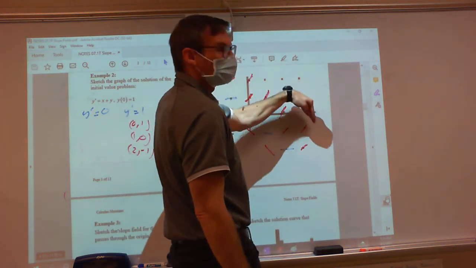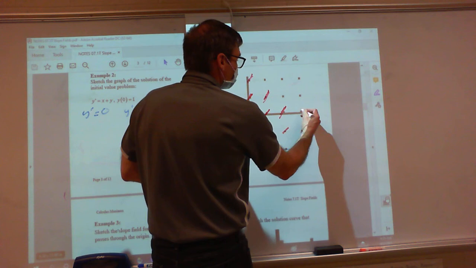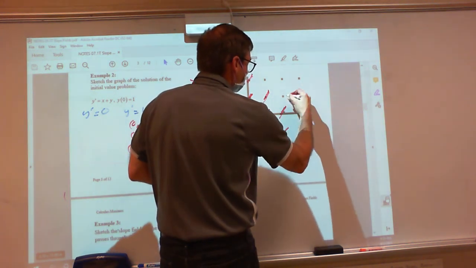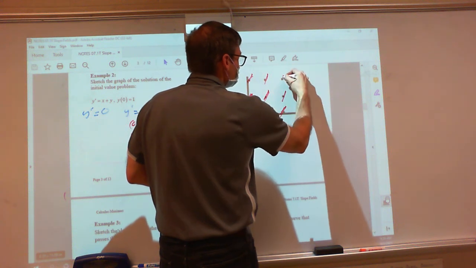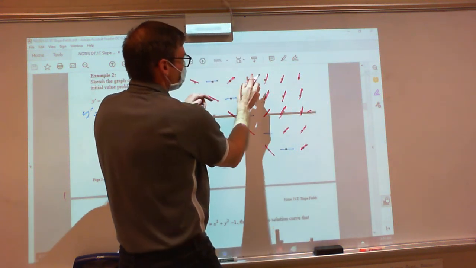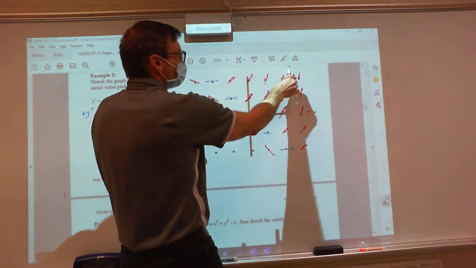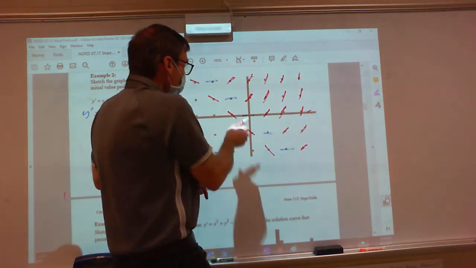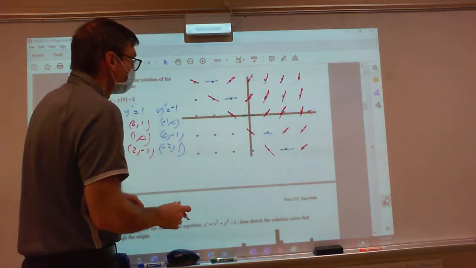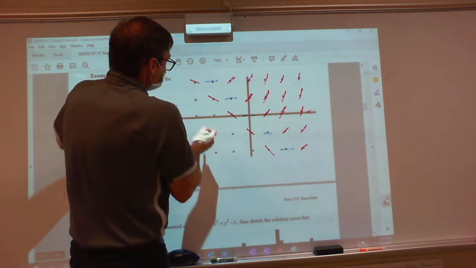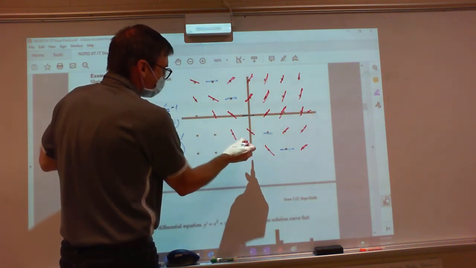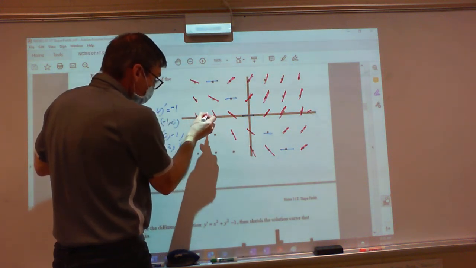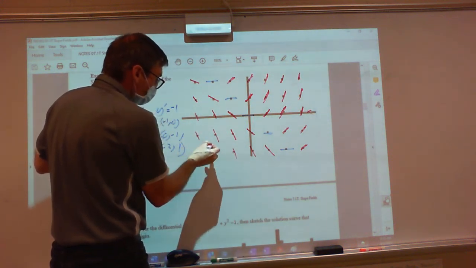And this diagonal is 3, a little steeper, and then this is 4. It keeps getting steeper as you go along. Then this is -2, so this goes down a little steeper. This is -3, even steeper, -4, -5.